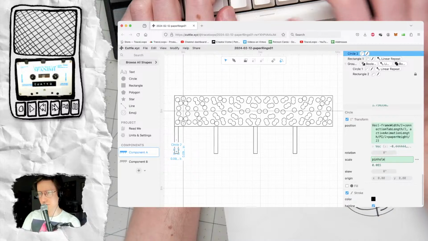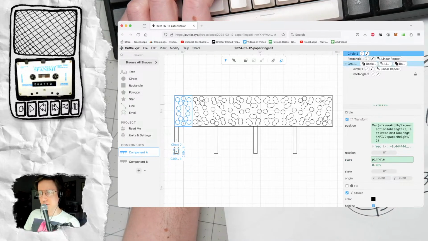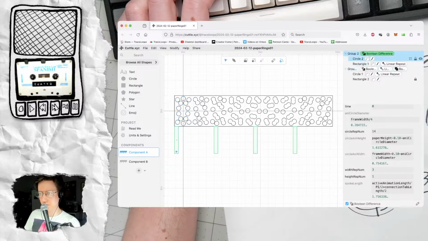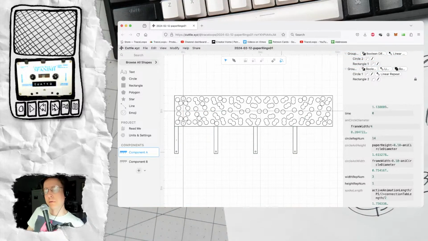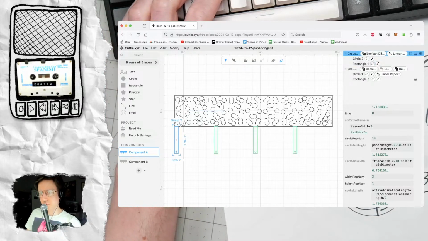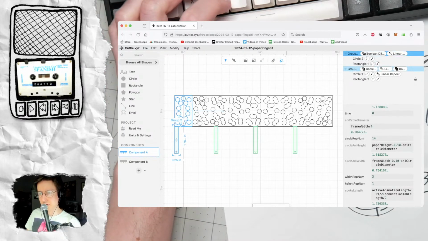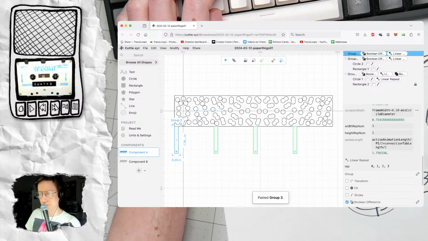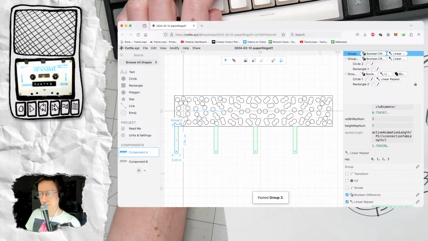Pinhole. Modify, Boolean, difference, and then have this repetition, and I just want to see if I copy and paste this and change the position.